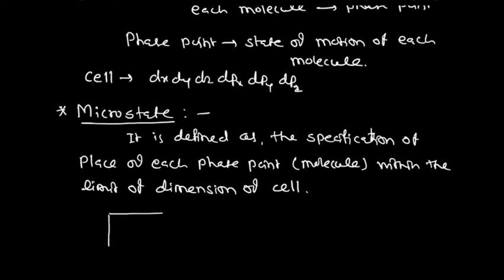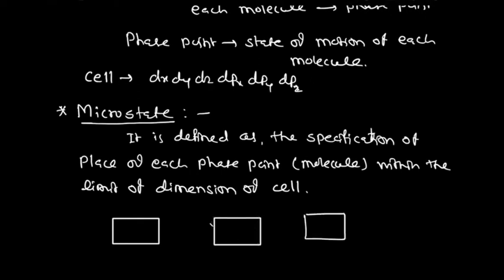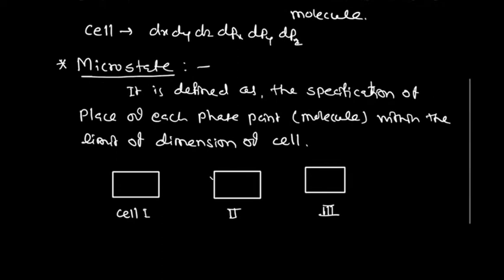Those cells we call cell 1, cell 2, cell 3 and so on, and in those we have to place each phase point.